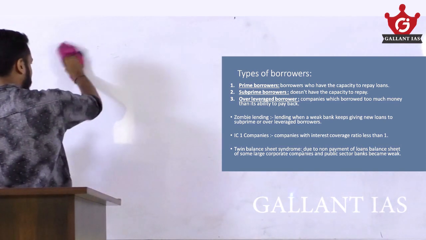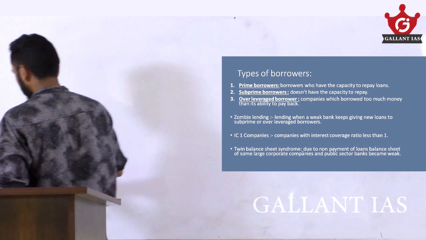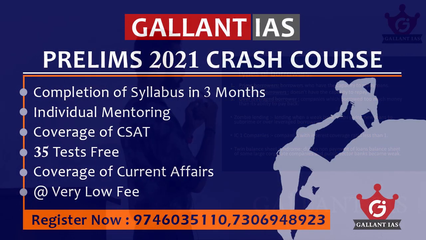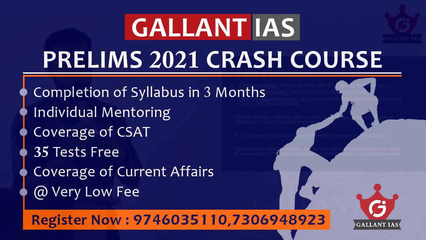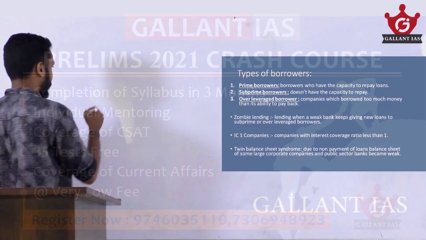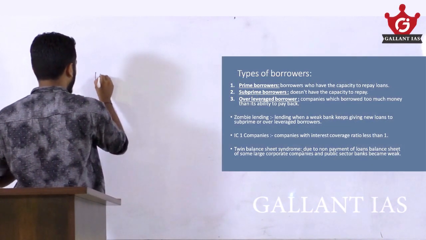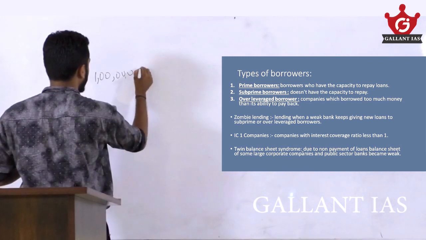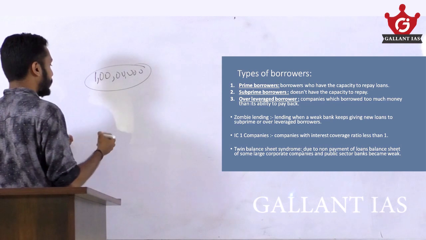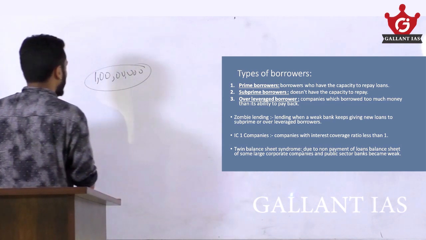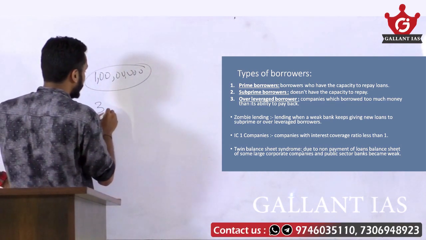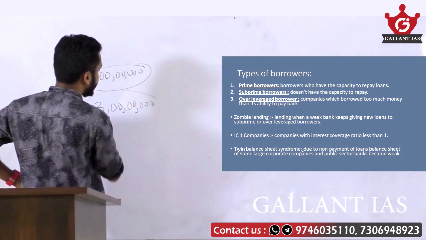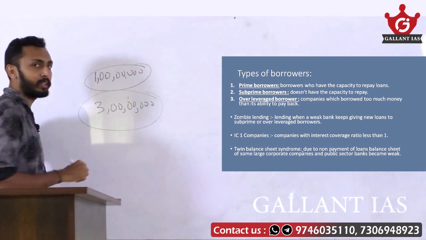Like if a company has earnings of just 1 crore a year, but took a loan which needs a payment of 3 crore a year, it is more than the capacity of that company.